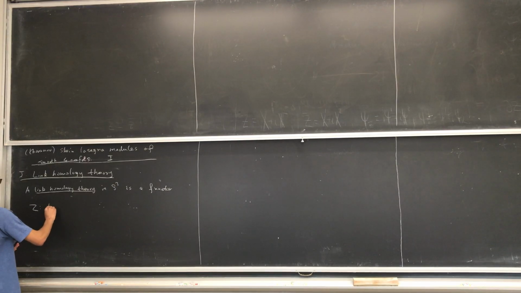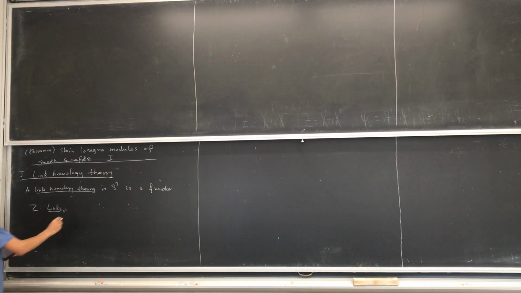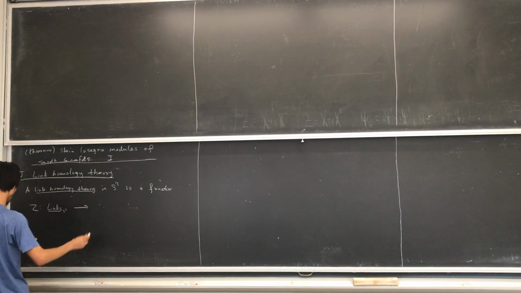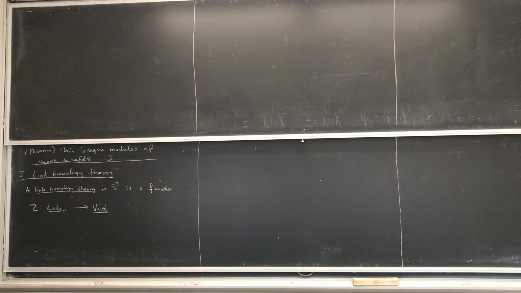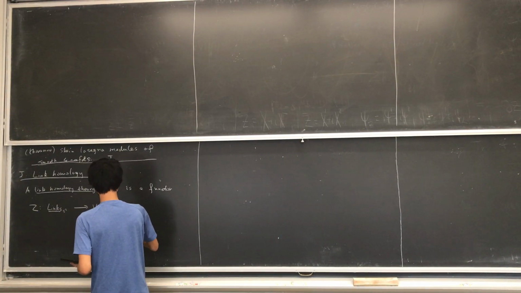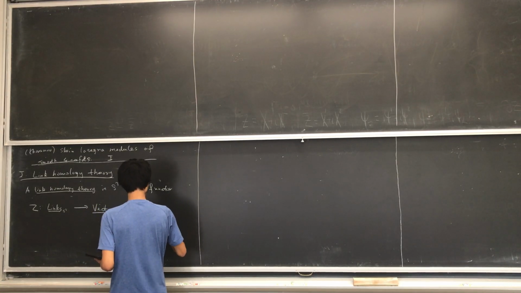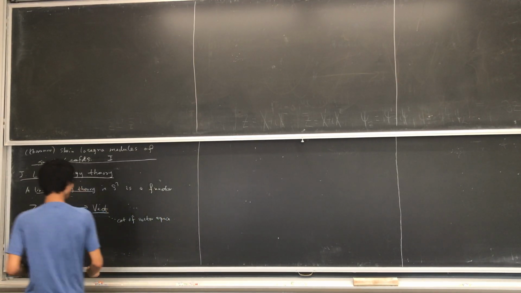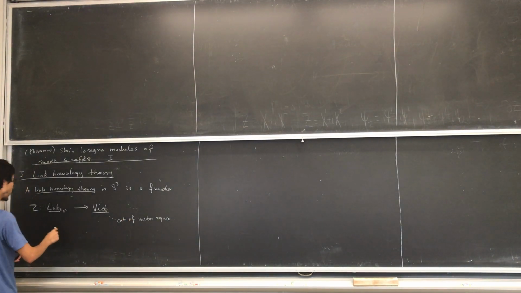A link homology theory, to me, is just a functor to the category of vector spaces from the cobordism category of links in S3. So let's say, for simplicity, the category of vector spaces over a field of your choice, and linear maps between them.